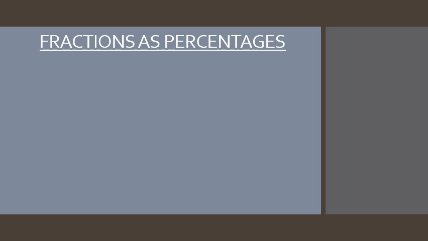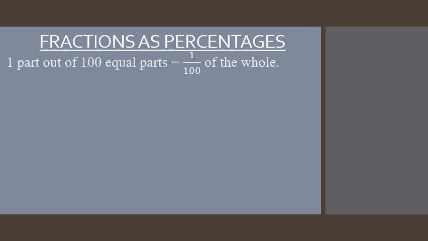Fractions as percentages. So let us understand. You know children that one part out of 100 equal parts is equal to 1 upon 100 of the whole. Whole means whole part. Okay.